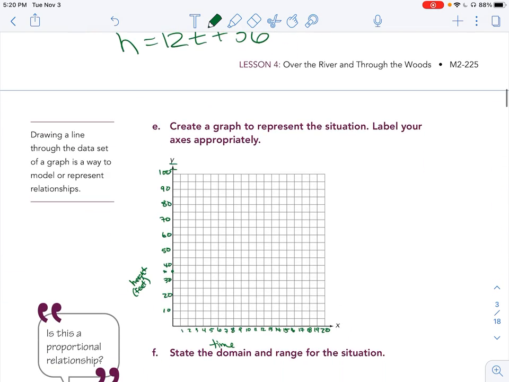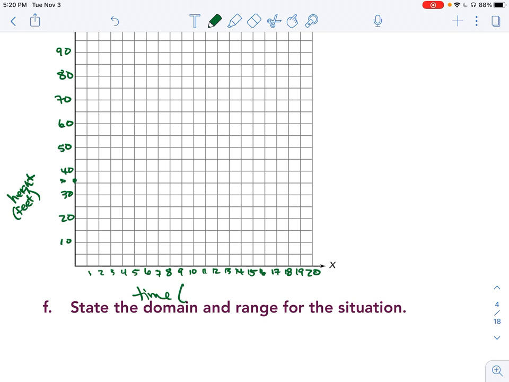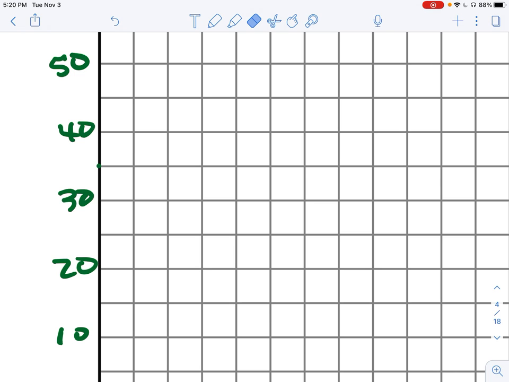Okay. So I already went ahead and wrote this on here. Okay, so we started at 36 feet. I'm going to pick a different color. Okay, so right here is 35. So we're going to start right above 35.